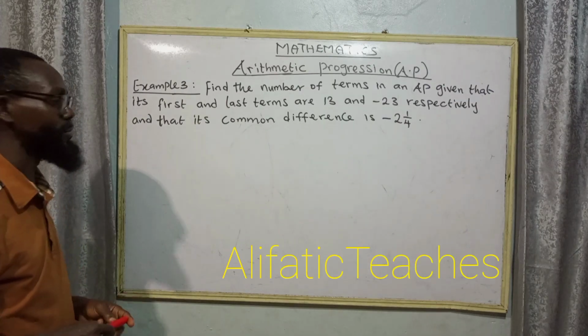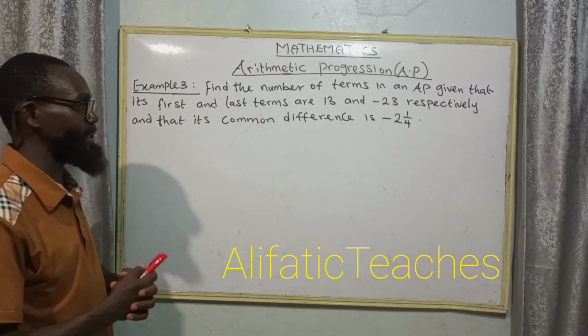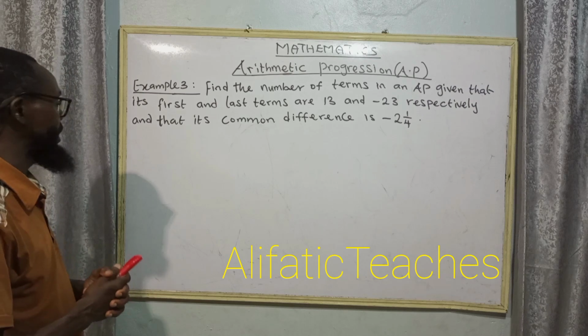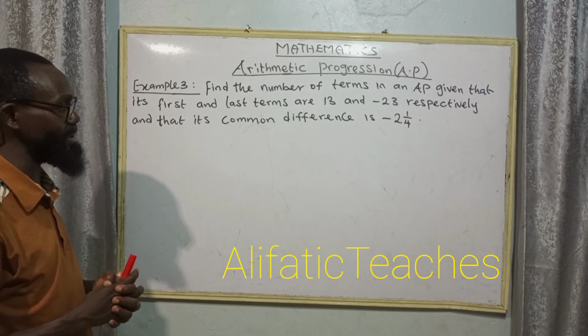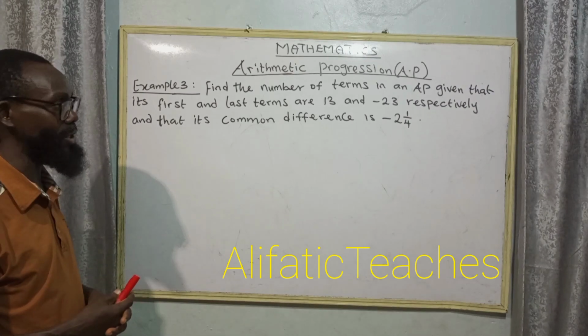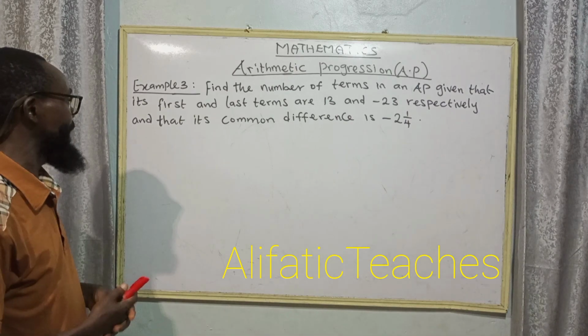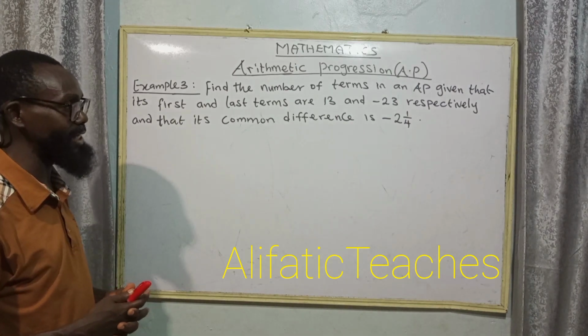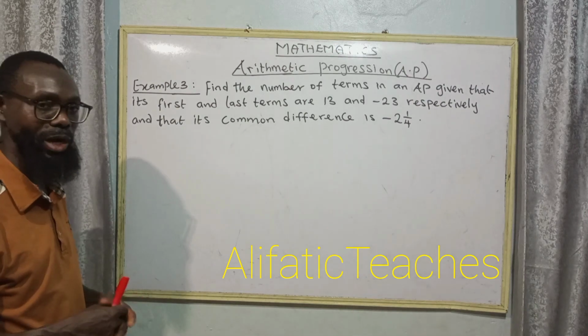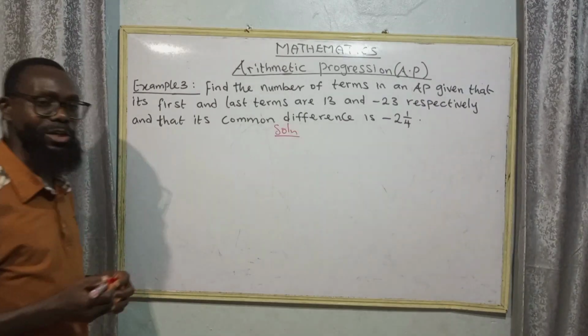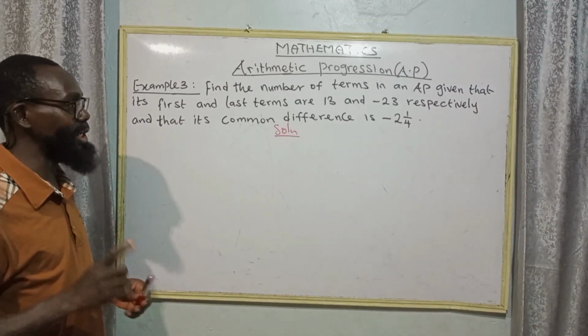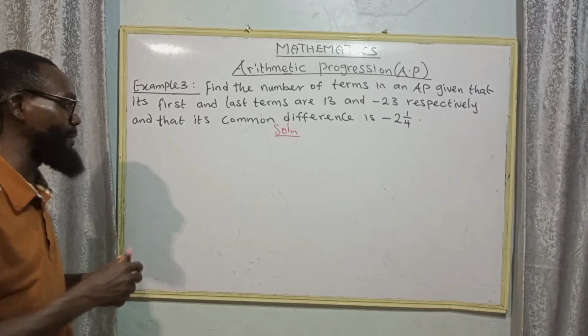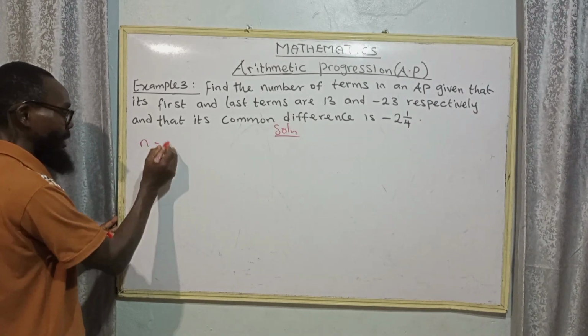Example 3. Find the number of terms in an AP given that its first and last terms are 13 and minus 23 respectively, and that its common difference is minus 2 whole number 1 over 4. Let us interpret this. Find the number of terms. Number of terms means our n is unknown.